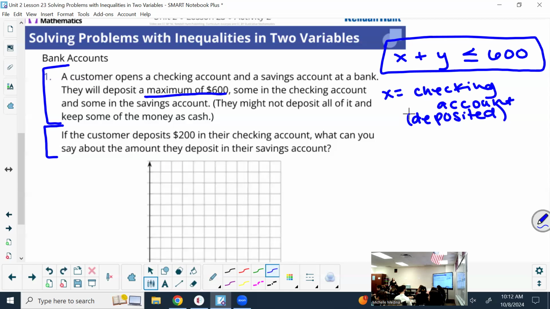If on the last one you just said X was hats and Y was gloves, you didn't get full points. You had to tell me X was the price of the hats. Otherwise, I can't just assume. You have to be explicit. So X will be the checking account deposited amount, essentially. And Y would be the amount deposited into the savings account.